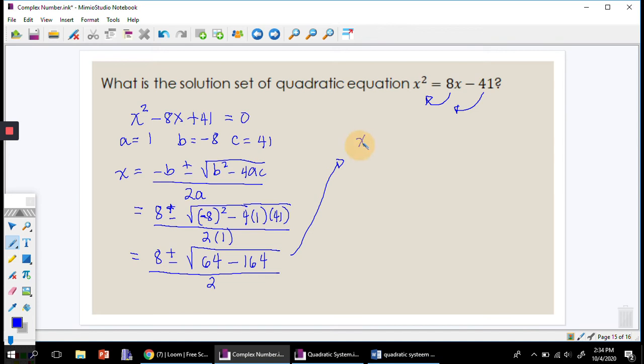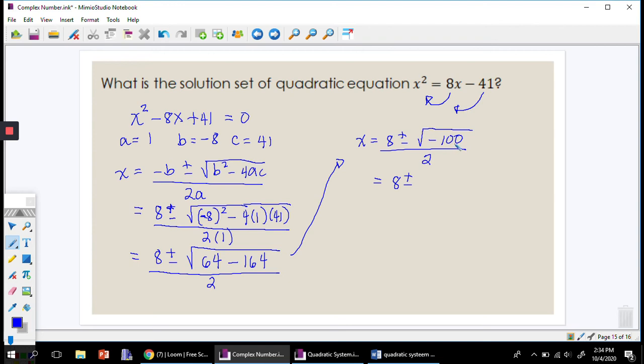So x is equal to 8 plus minus the square root of 64 minus 164, which is negative 100, all over 2. Then get the square root of negative 100.